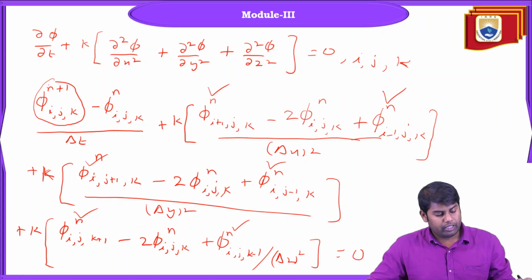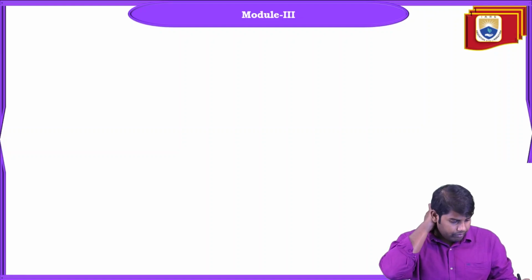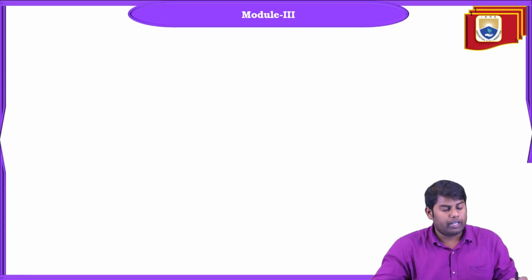So we will see the implicit method. Whatever equations we have seen for 1 and 2, we have taken the explicit method, and now we need to solve the implicit method.